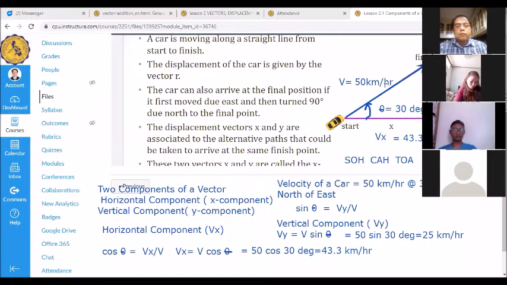Now, how sure are we that these two values are really correct? If you apply your Pythagorean theorem, guys, try to square 25, square 43.3, add, and then take the square root. You'll get 50. So basically, these are the missing parts of your triangle.